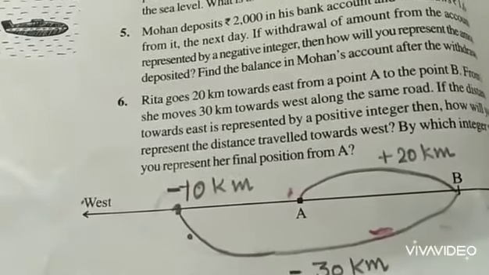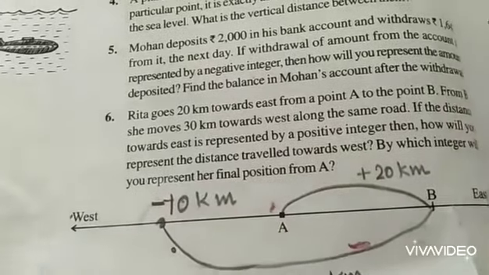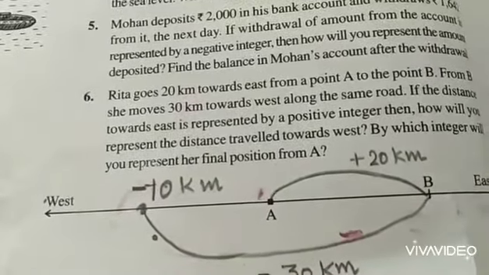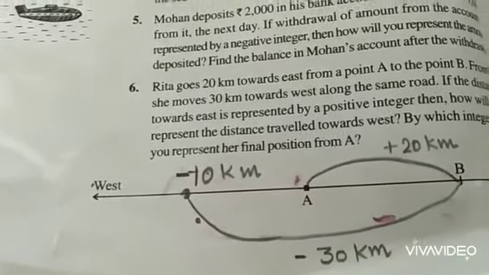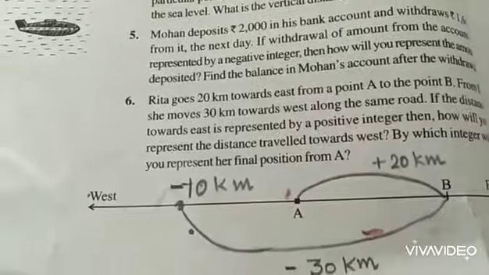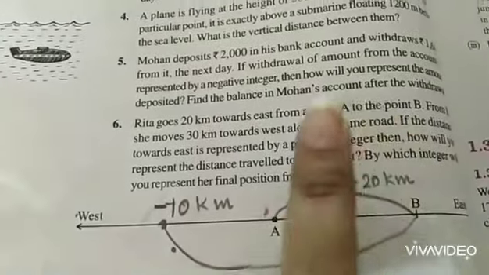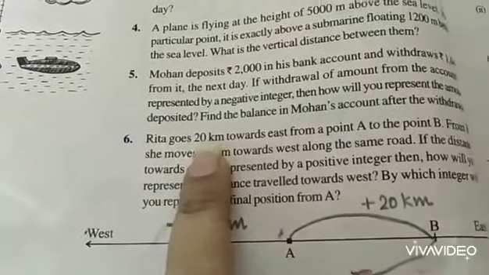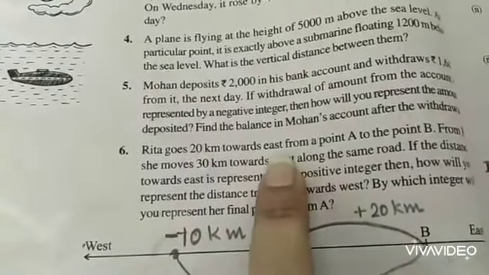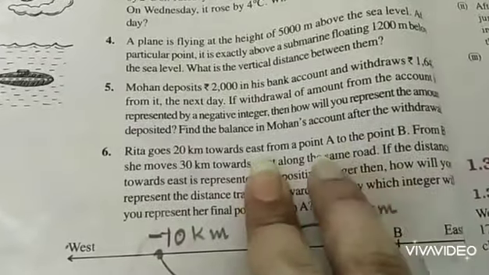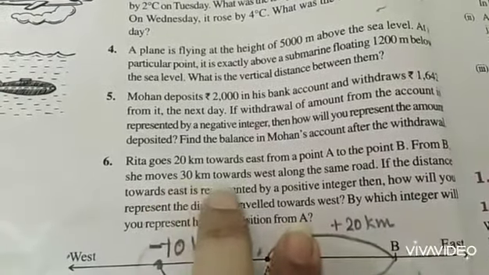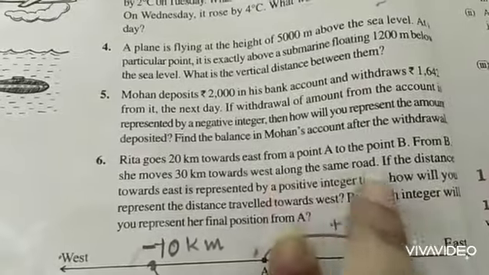Now here in this question, 2-3 questions are given together. So firstly, we will read it again to find out which questions are there. Here it is written that Rita is going 20 kilometers towards east, and then from point B she moves 30 kilometers towards west.